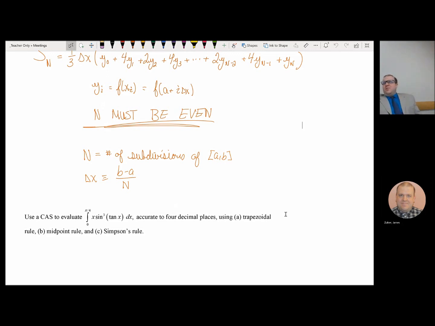Luckily, some of you are already familiar with this because we did this in Calc 1 with Newton's method.